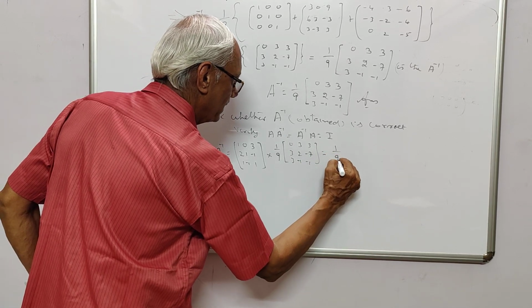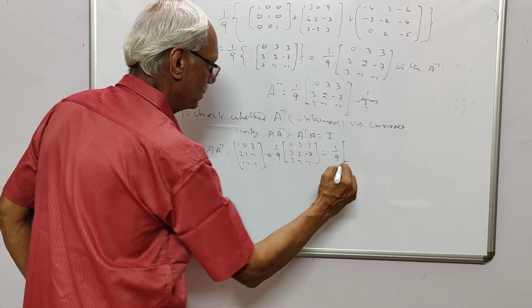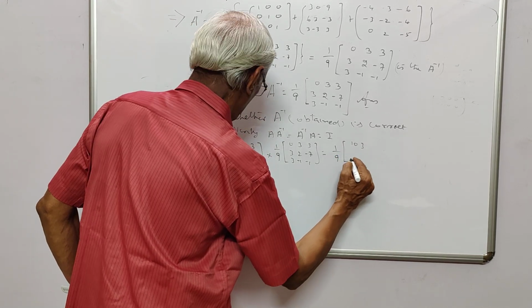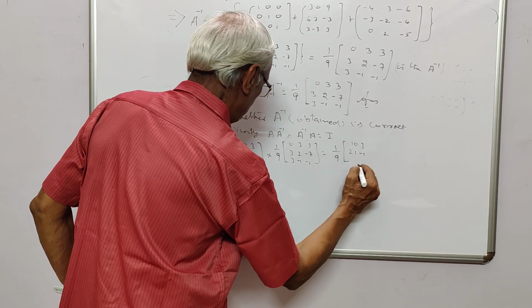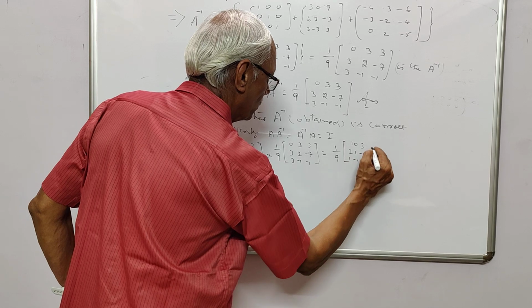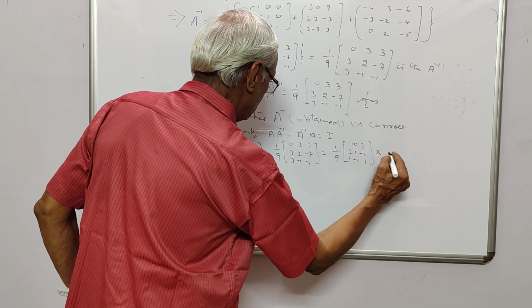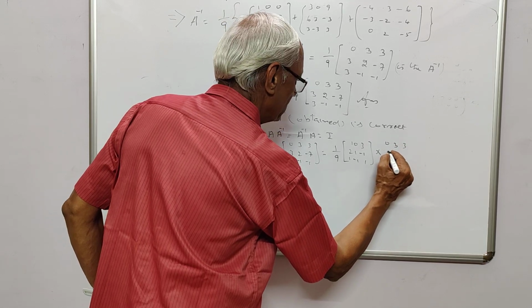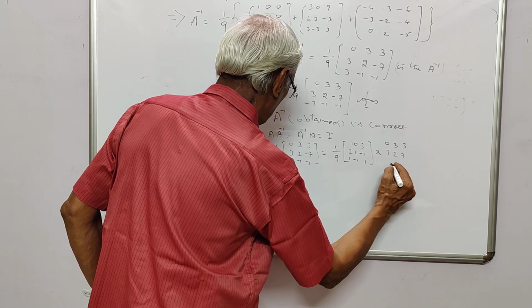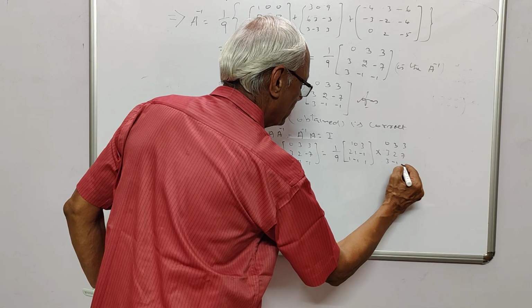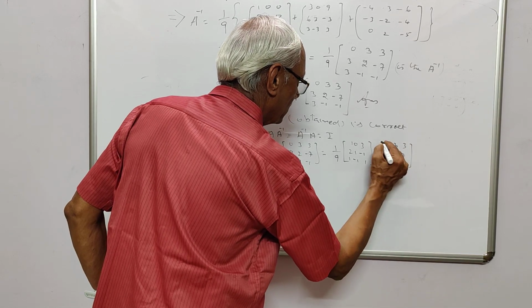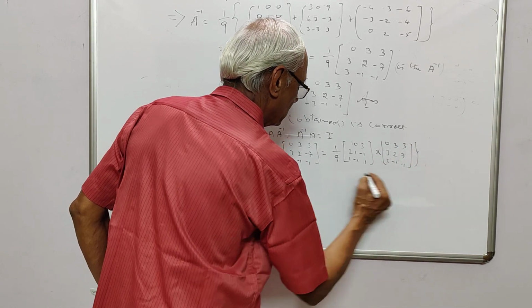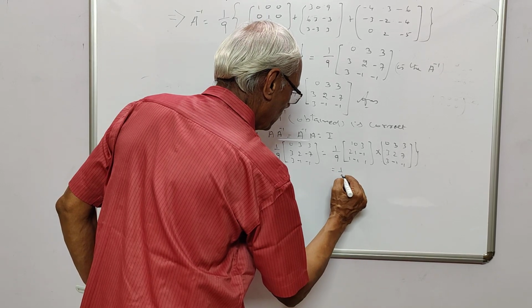That is 1 by 9 into 1 0 3, 2 1 minus 1, 1 minus 1 1, multiplied by 0 3 3, 3 2 7 and 3 minus 1 minus 1. So this is equal to 1 by 9.